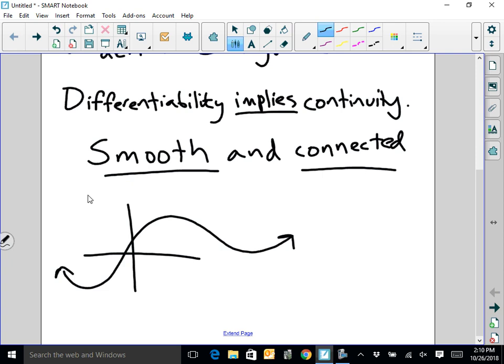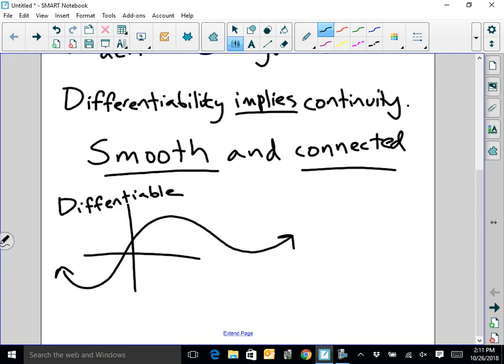But notice how it's smooth everywhere too. There are no corners or cusps, right? So this graph would be differentiable. So there's an example of a differentiable graph.